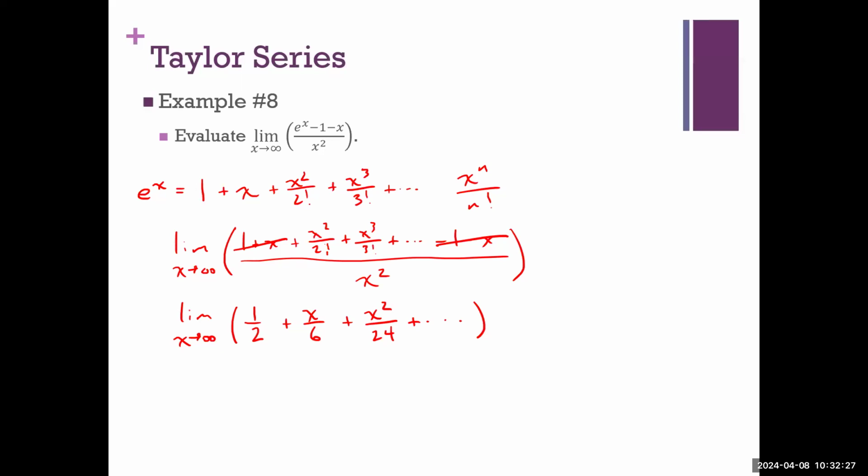X cubed over 6 divided by x squared, that becomes x to the first over 6. What's that limit going to do? It goes to infinity. With L'Hopital's rule, told you the same thing. Okay, so again, just another avenue to handle these things.